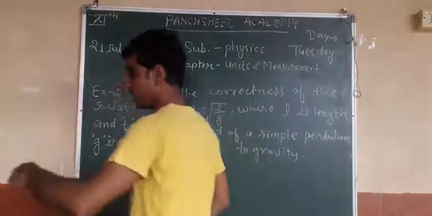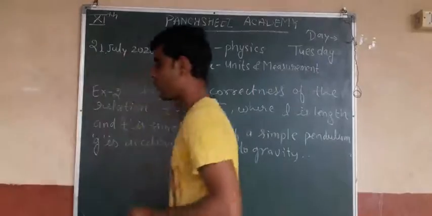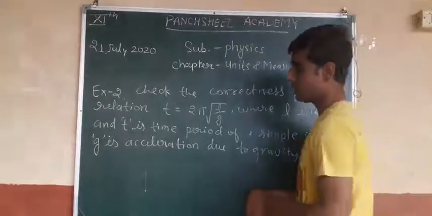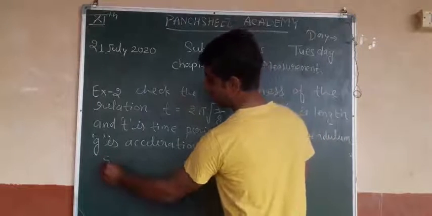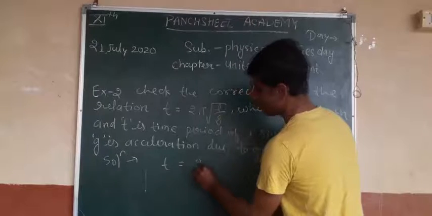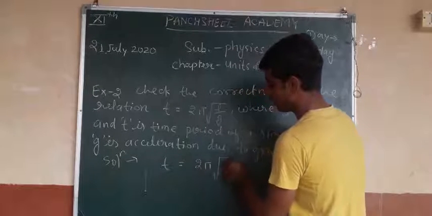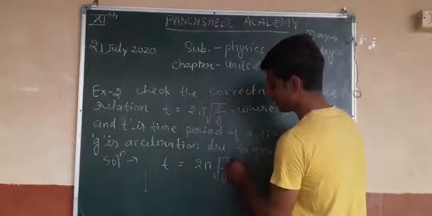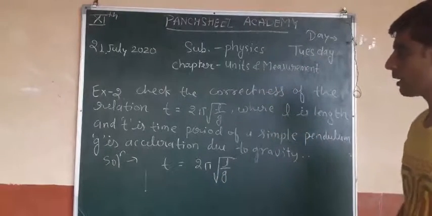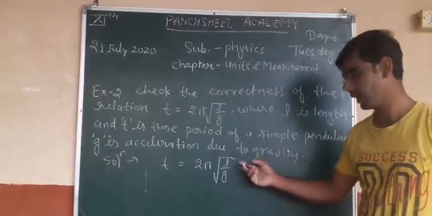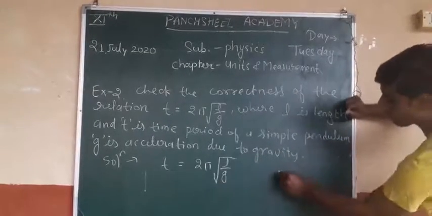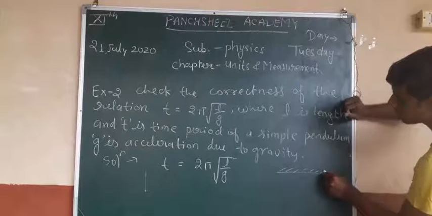So we want to check the consistency of this equation. The equation is T equal to 2 pi under root L by G, where T is the time period of simple pendulum and L is the length and G is the acceleration due to gravity. All of you are familiar with the simple pendulum.